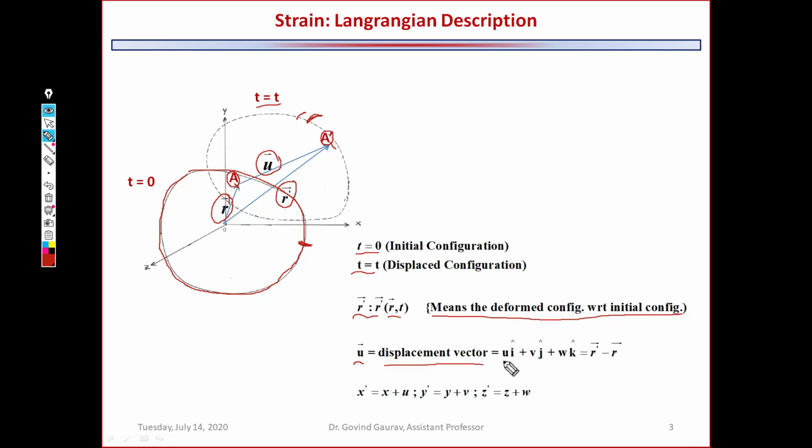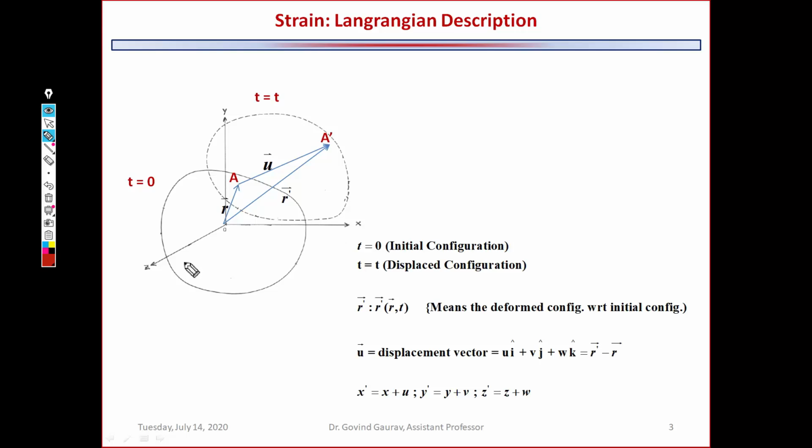The u vector has three components, u, v and w. So u vector is defined by ui plus vj plus wk, and it is also given by the position vector r dash minus the r vector.